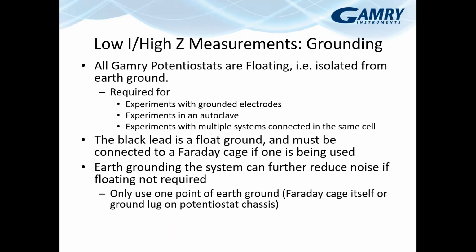However, if your Faraday cage is already earth grounded, when you connect the float ground lead of the potentiostat to that Faraday cage, you have earth grounded the system, and you need to leave the ground on the back of the system disconnected. If you have multiple contacts to an earth ground, you have created a ground loop, and you actually can increase the noise of the system instead of lowering it.